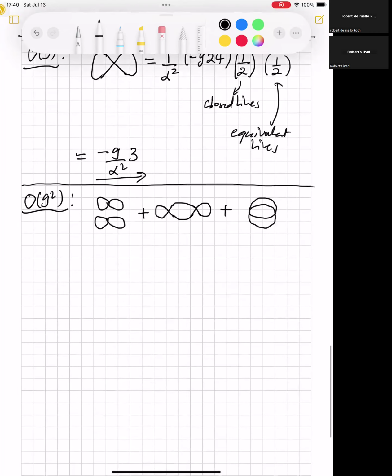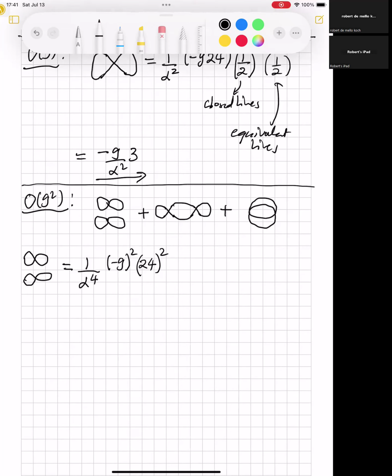Let's write down the value for each of these diagrams. Well, for this first case, what is this equal to? You can see there's a total of 4 lines, so we've got 1 over alpha to the 4. There's 2 vertices, so we'll have a minus g squared and a 4 factorial, which is 24 squared.